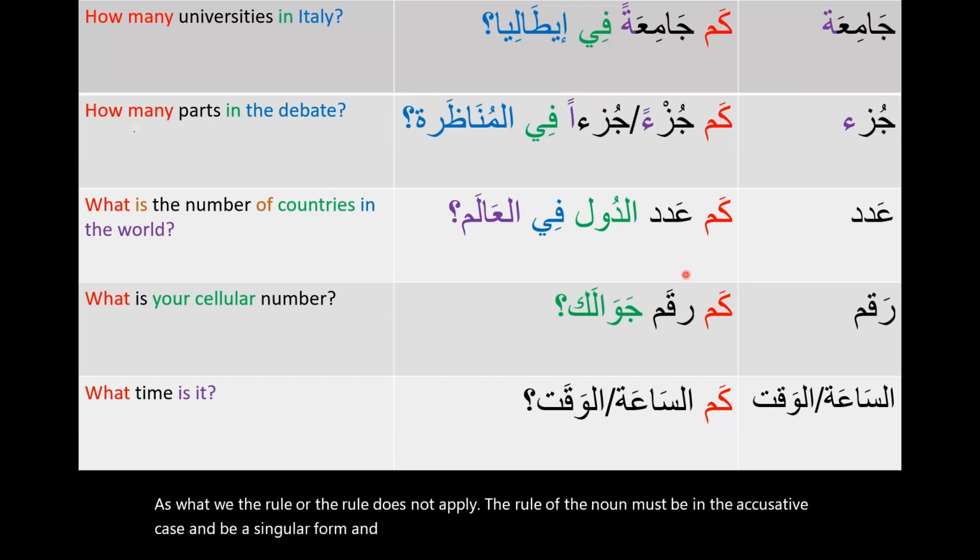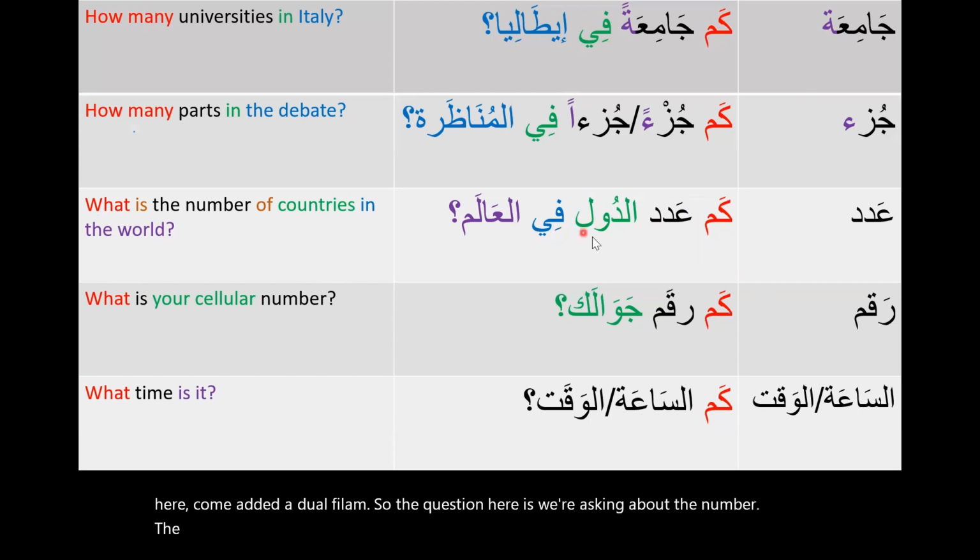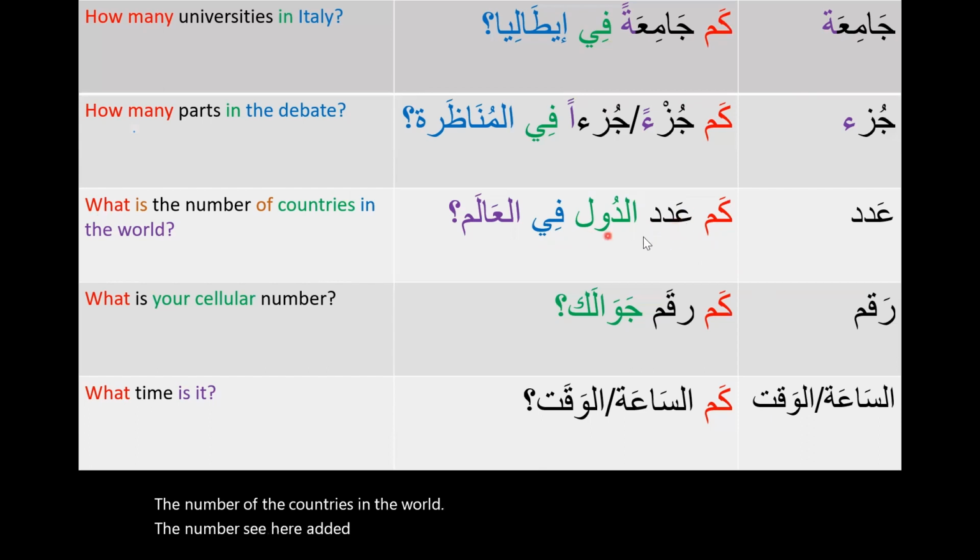So here we use kam as what. كم عدد الدول في العالم. The question here is we are asking about the number of the countries in the world. See here, عدد, we're asking about the number of the countries.